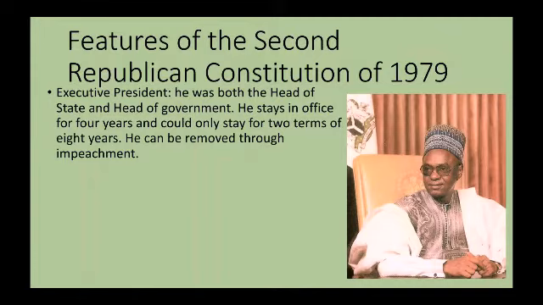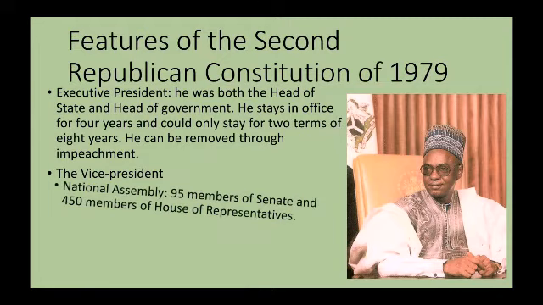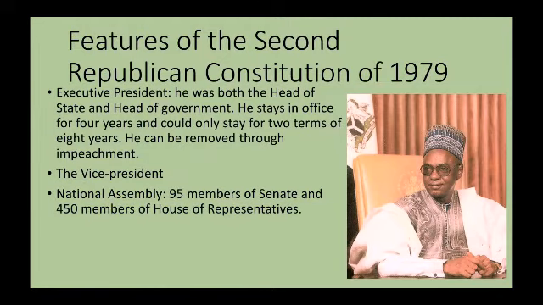Another feature is that there was a vice president, which means that the president can nominate a vice from his political party and he becomes his running mate in the general election. Also, there was the National Assembly. The National Assembly had 95 members of Senate and 450 members of House of Representatives.